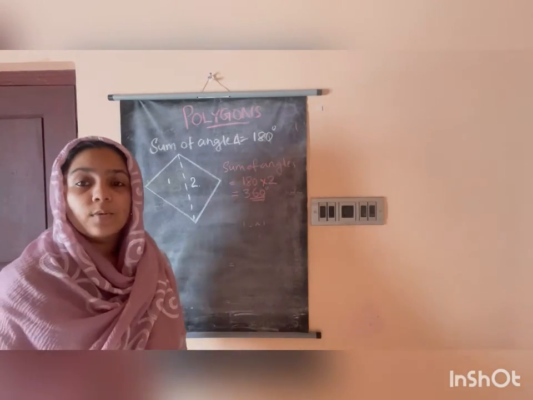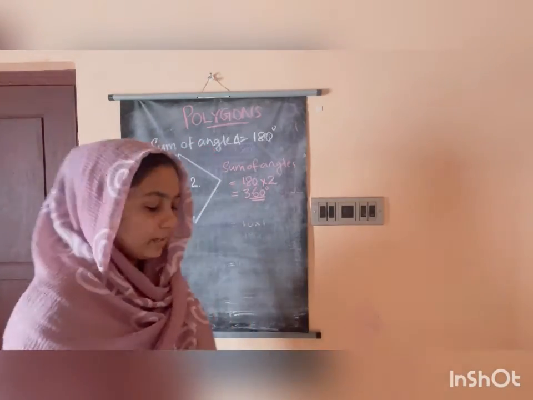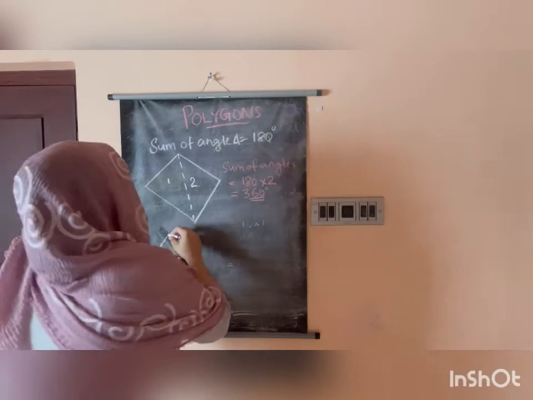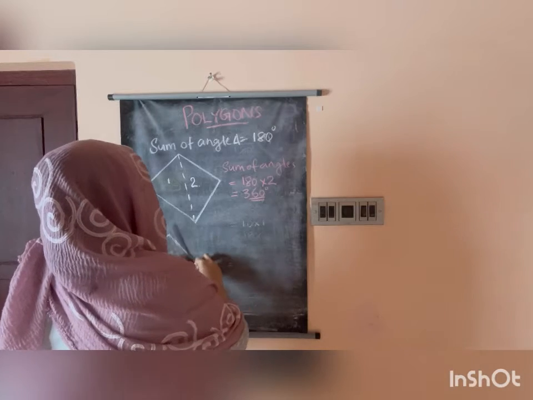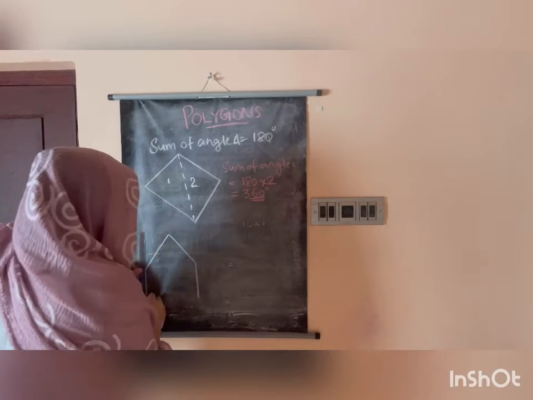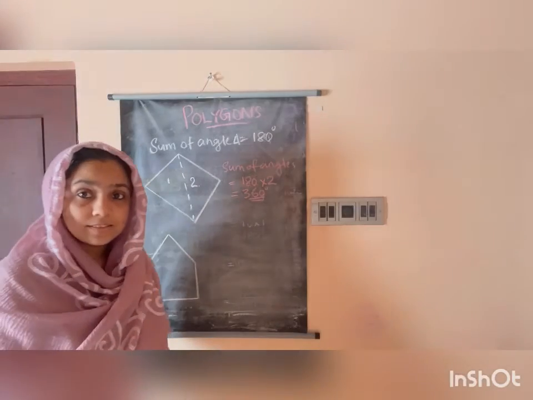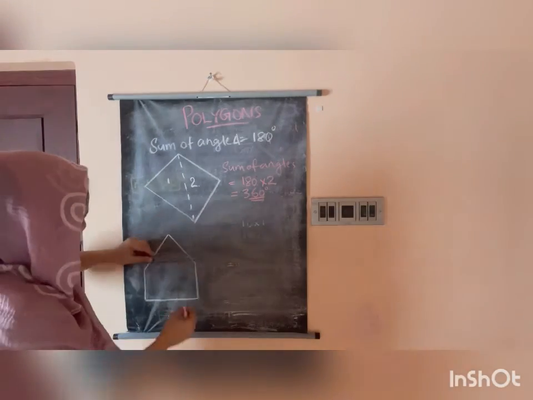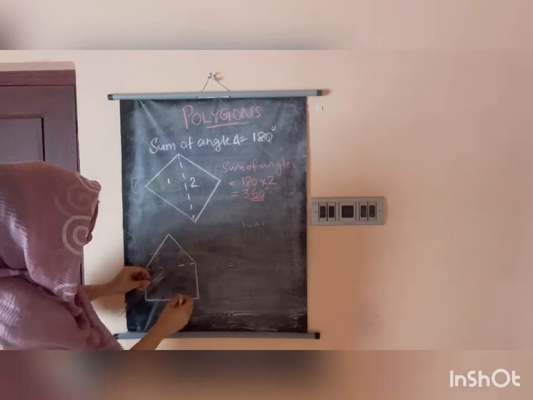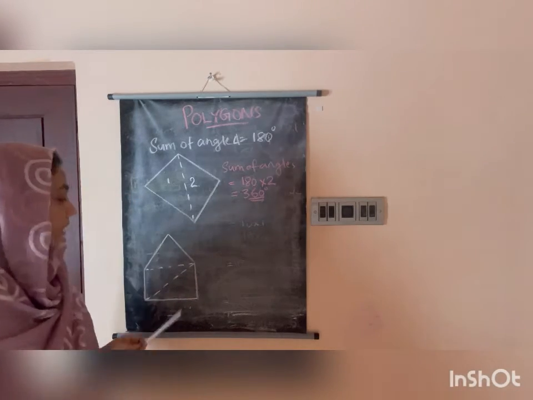Now, we need to find the sum of angles of a pentagon. A pentagon has five sides and five angles. I will draw it for you. How can we split this? We can split this into how many triangles? Yes, from this vertex we can. Okay, then this. We get how many triangles?